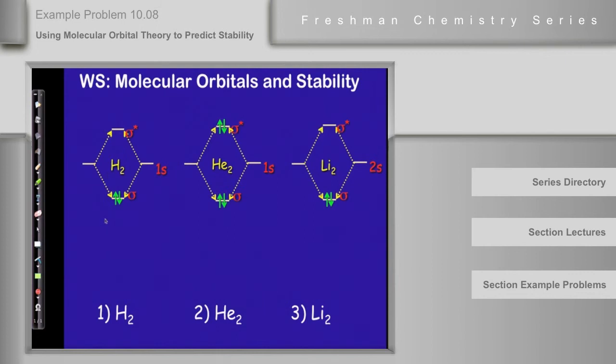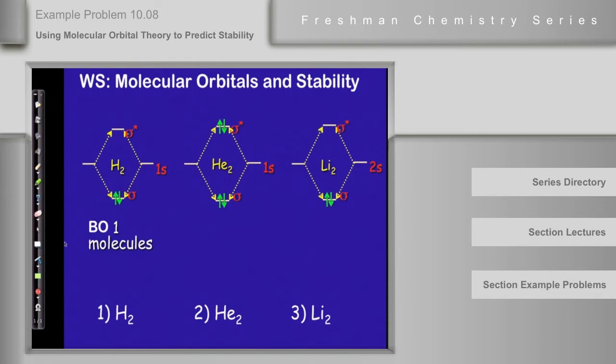Therefore, the bond order is equal to 1/2 of the number of electrons in bonding molecular orbitals, which is 2, minus the number in antibonding molecular orbitals, which is 0. And so we would expect that value to be 1. So for H2, the bond order is, as we said, 1.